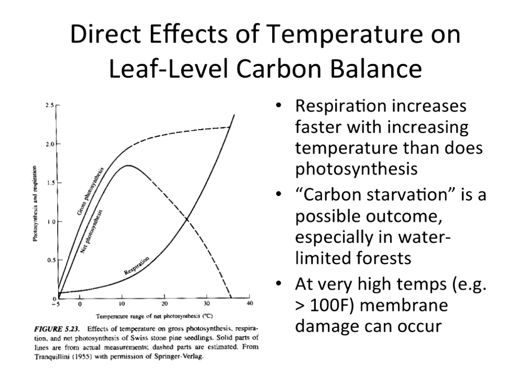If you look at this graph, what we see here is the rate of net photosynthesis versus temperature. And in reality, net photosynthesis, which is the amount of carbon gained by leaves, is really an amalgamation of two different processes. One is gross photosynthesis, which is just the process of total carbon gain.